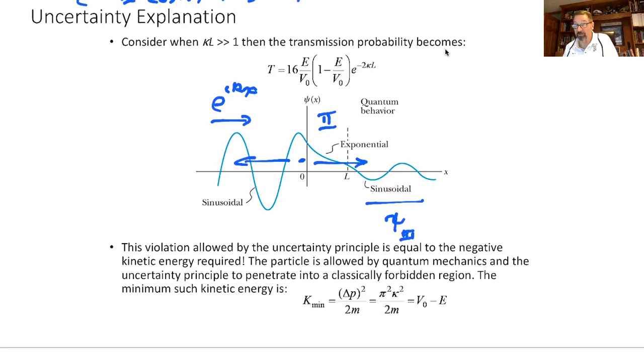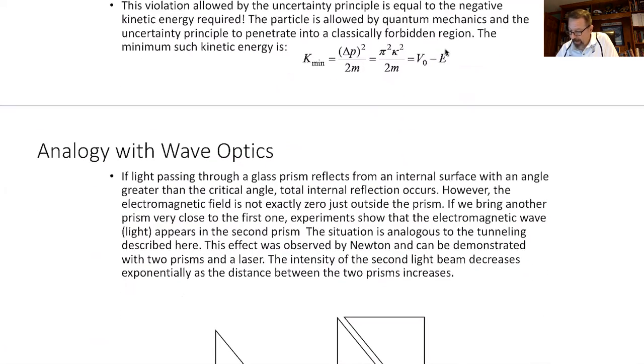Because the better you knew the velocity, the better you knew the momentum, the greater the uncertainty in the position. And so it's possible that the uncertainty in position right there could extend to the other side of the barrier and allow the particle to be through. Kind of a bizarre idea, but we refer to that as tunneling, quantum mechanical tunneling.